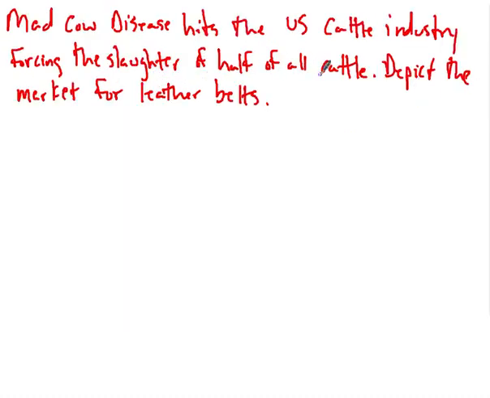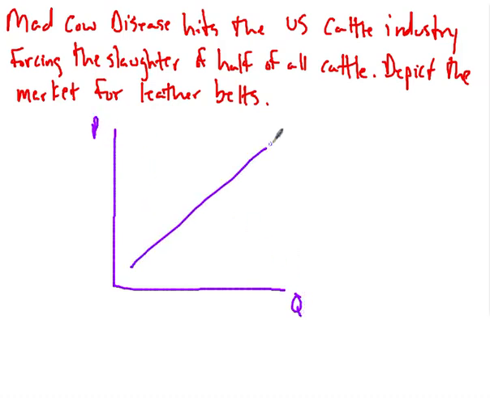Mad cow disease hits the United States cattle industry, forcing the slaughter of half of all cattle in the U.S. Pick the market for leather belts. All right, so go ahead and pause it. Okay, now we've got the supply and demand.